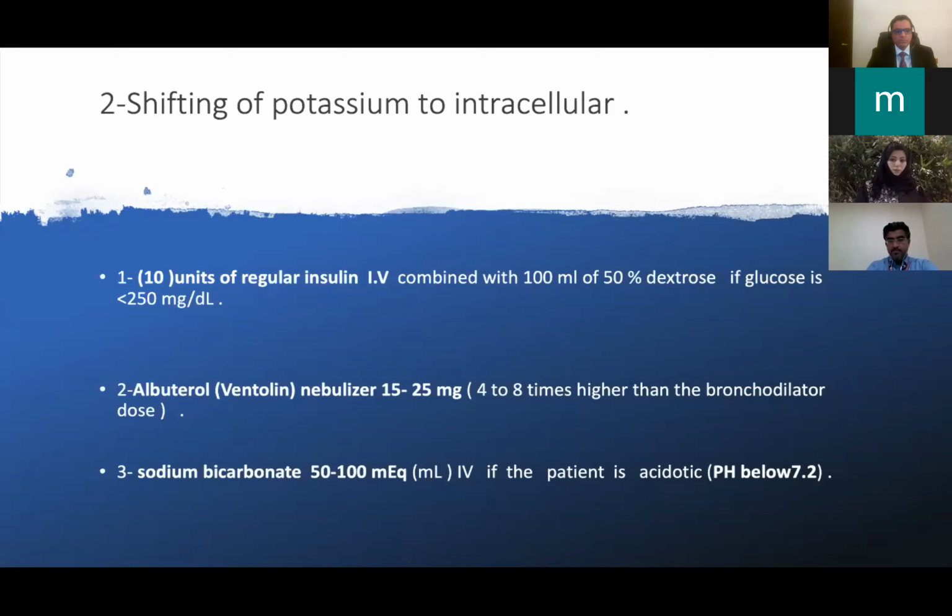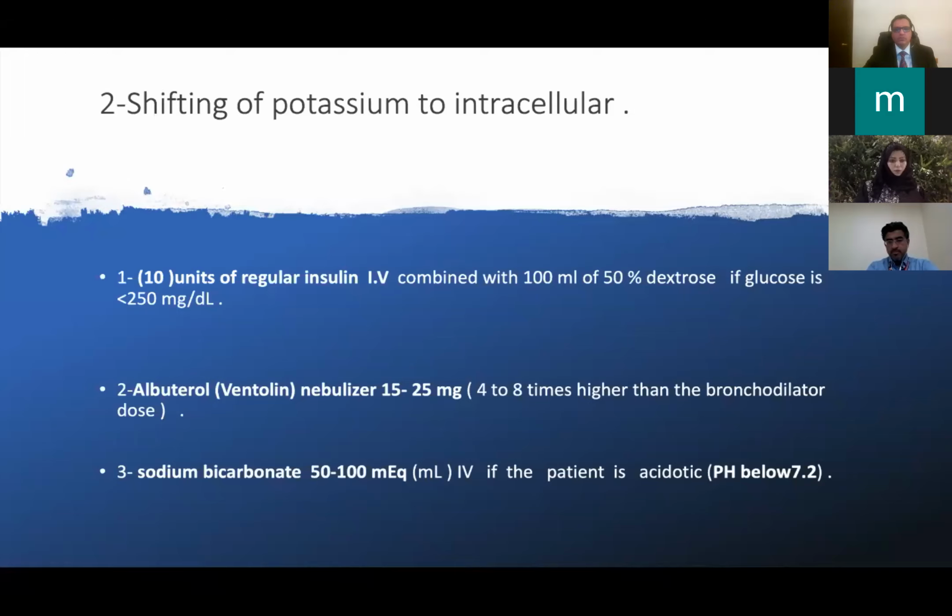Ventolin, albuterol, or beta agonists, the doses will be much higher than the doses we use for asthma. It will also work to shift the potassium from the extracellular to the intracellular component. And finally, sodium bicarb. But talking about sodium bicarb in patients with hyperkalemia, it will not work unless your patient is acidotic, with a pH less than approximately 7.2.